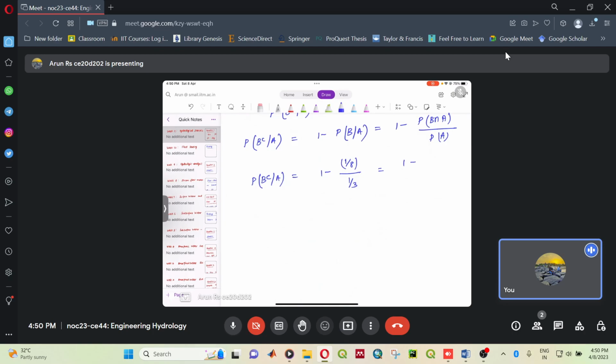So this will be 1 minus 3 by 8. So probability of B complement given A is 5 by 8.